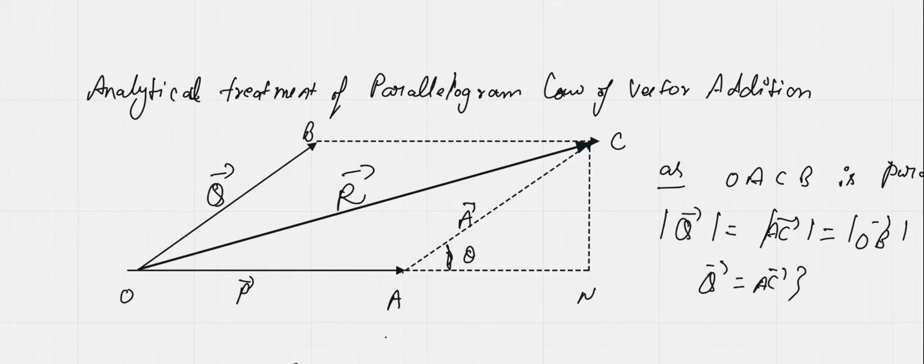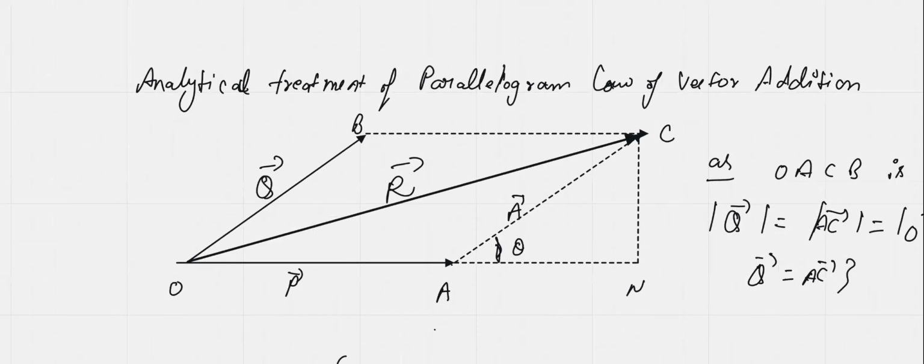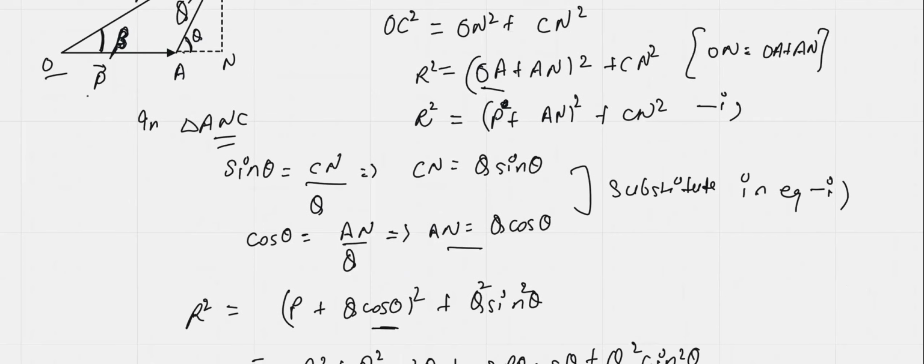So wherever we are using AC, we can definitely use the Q vector instead.